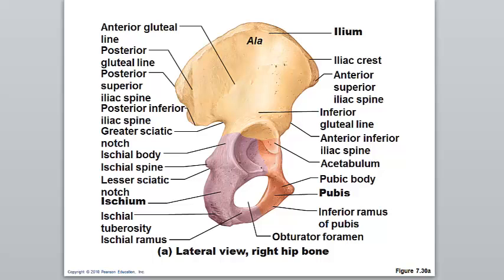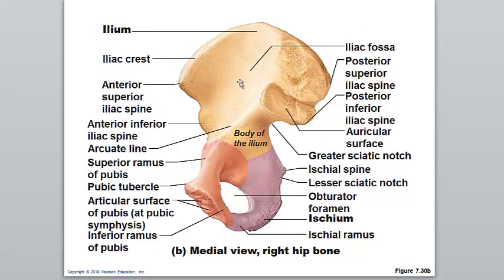Now let's look at all the structures, lateral view. Let's start with the ilium. The topmost area right over here is the iliac crest. This entire wing-shaped structure is the ala. Anteriorly, there's a depression over here, called the iliac fossa. The top view is the iliac crest. You can actually feel this area.